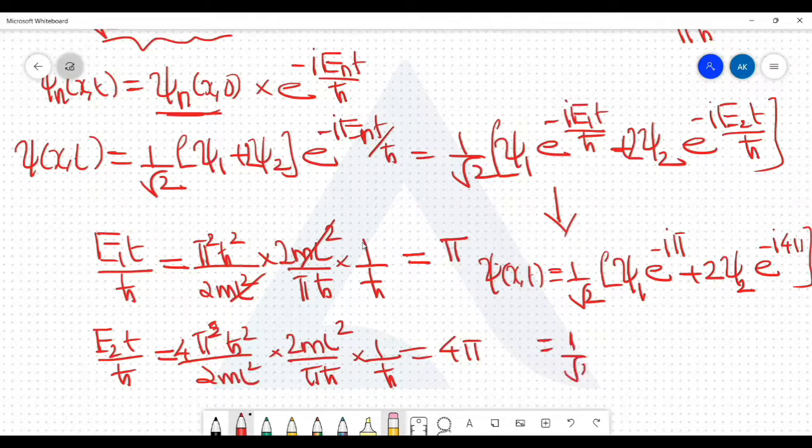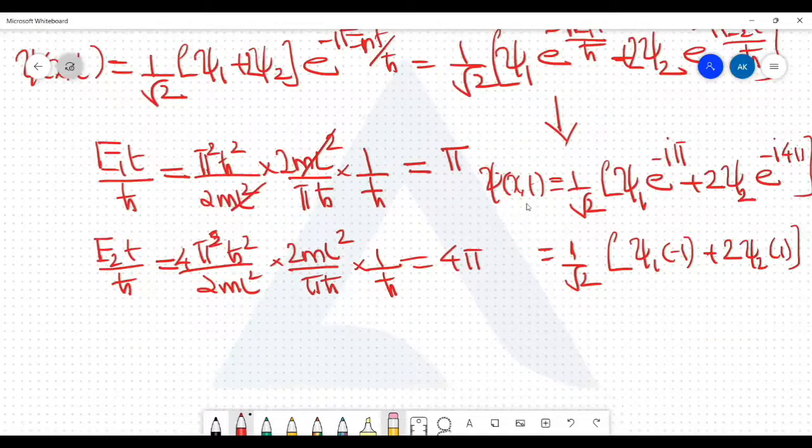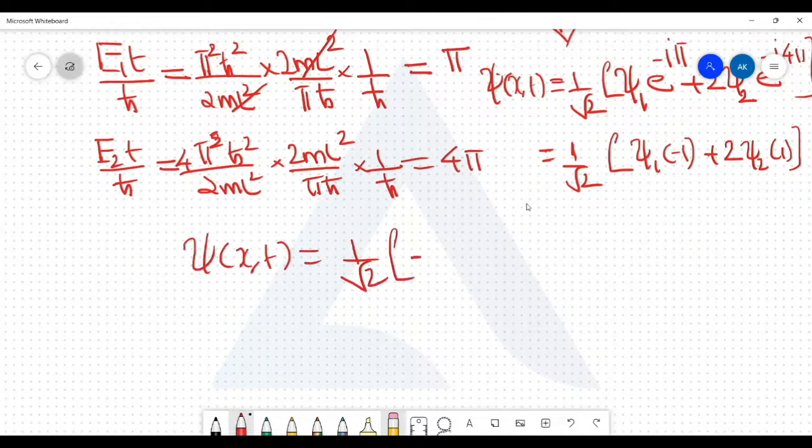This is simply minus 1, therefore psi 1 into minus 1 plus 2 psi 2 into 1. So our final answer is psi of x,t equal to 1 by root 2 into minus psi 1 plus 2 psi 2. So this is our final answer. Okay.